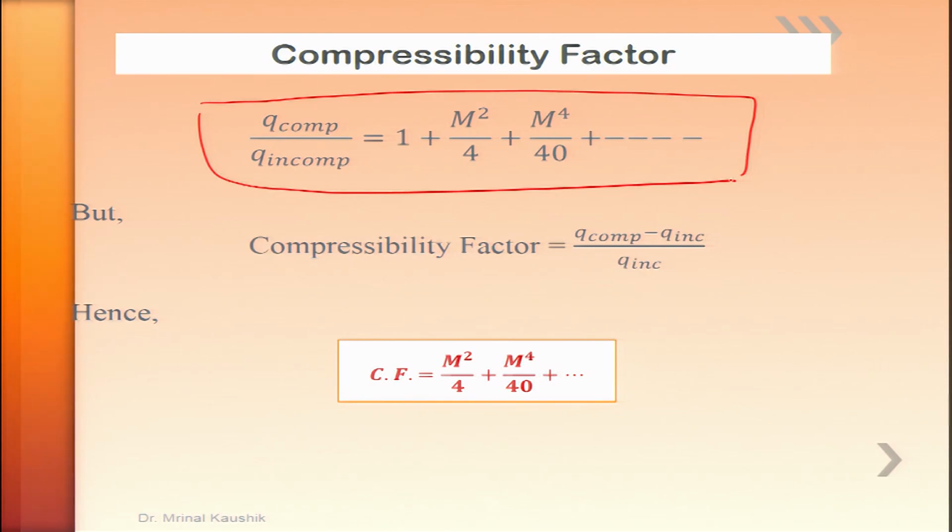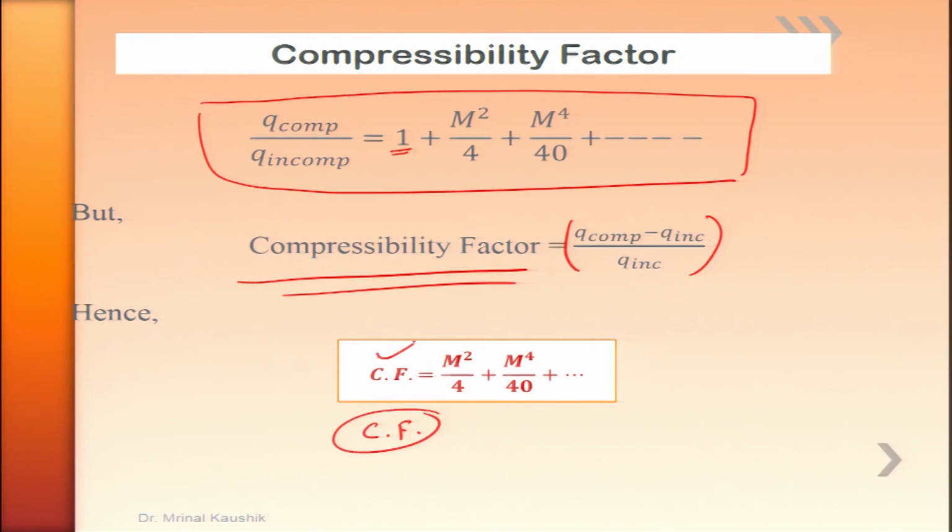Now, by definition, the compressibility factor is defined as Q compressible by Q incompressible minus 1. In doing so, Q compressible minus Q incompressible divided by Q incompressible is termed the compressibility factor. Let us represent it with the abbreviation C.F., which I have represented here for you.